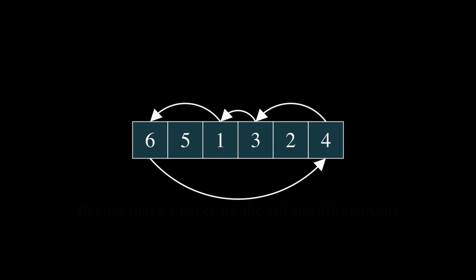So now consider the cycles. Remember what I said before, each cycle will require the length of the cycle minus 1 swaps to solve. And why? Because each swap will just put one of the elements in the correct position, except the last one, which will put two elements in the correct position.